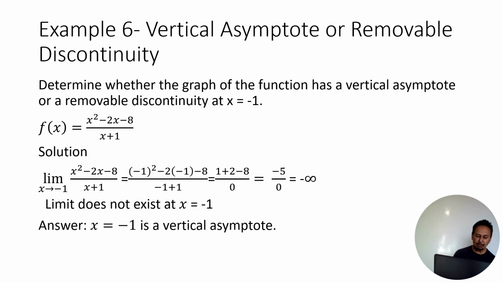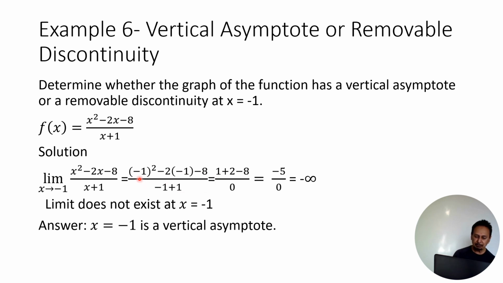To find the limit, we just use direct substitution. So replace x with negative 1, so we have negative 1 squared minus 2 times negative 1, and minus 8 over, replacing x with minus 1, minus 1 plus 1.